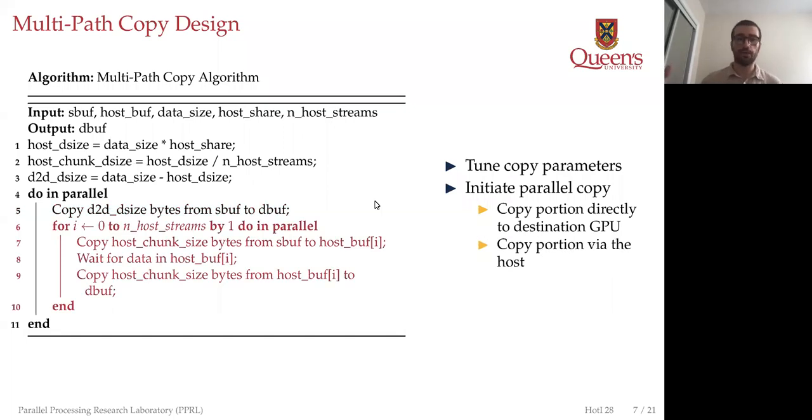And then we add our code which deals with the host stage copies. It's fairly simple: we copy from the device to the host and then back to the device. But we split the buffer that's going through the host and place each partition of that buffer on a separate stream. This allows us to pipeline that copy and get a little more performance out of it.